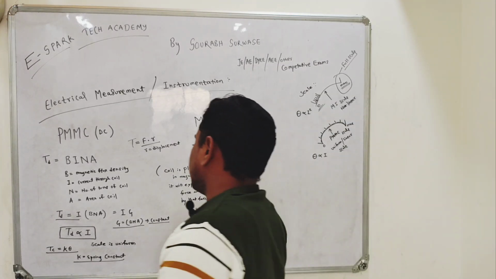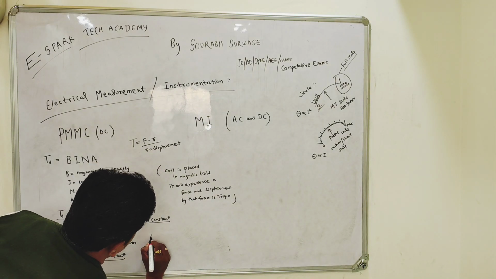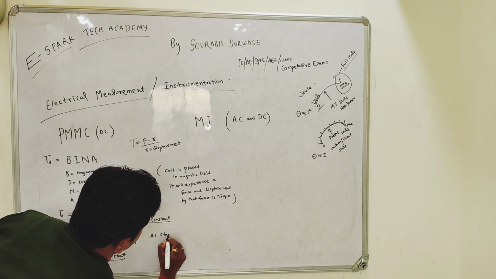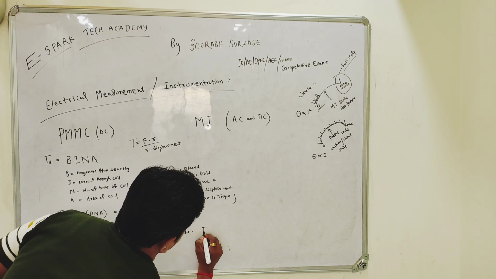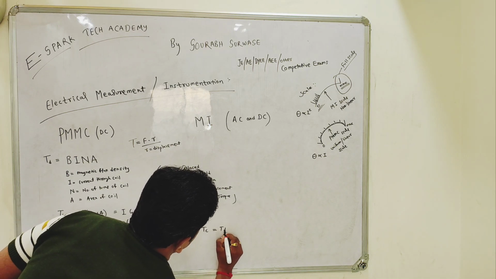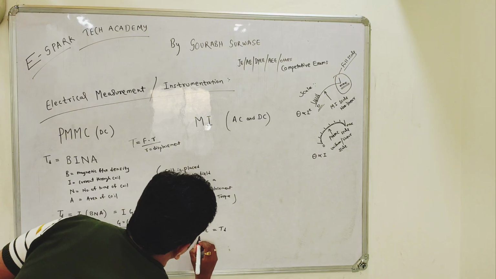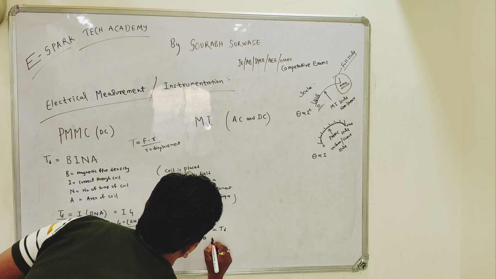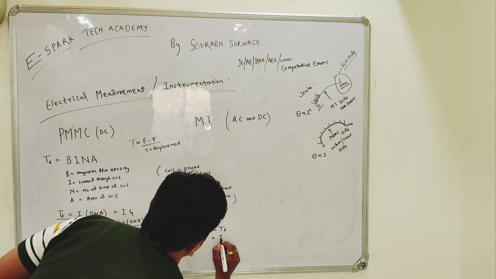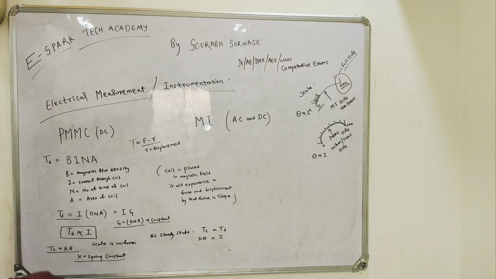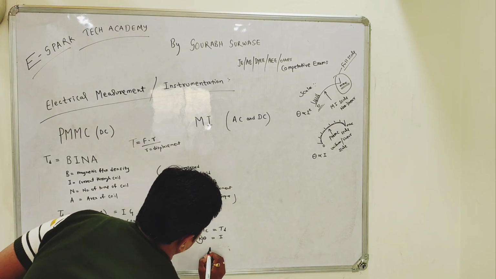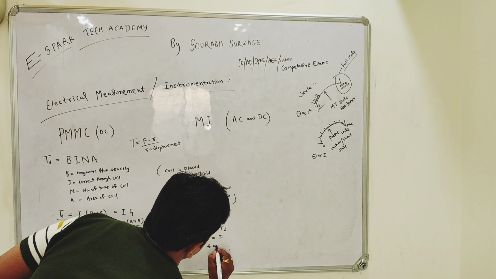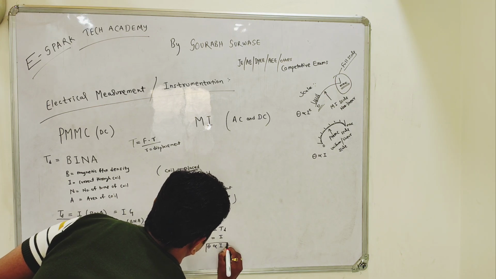That's why at steady state TC equals TD. Hence, TC is nothing but K into theta and TD is nothing but I, just now we have calculated. Now let us ignore this K constant. Theta will be proportional to I in PMMC.